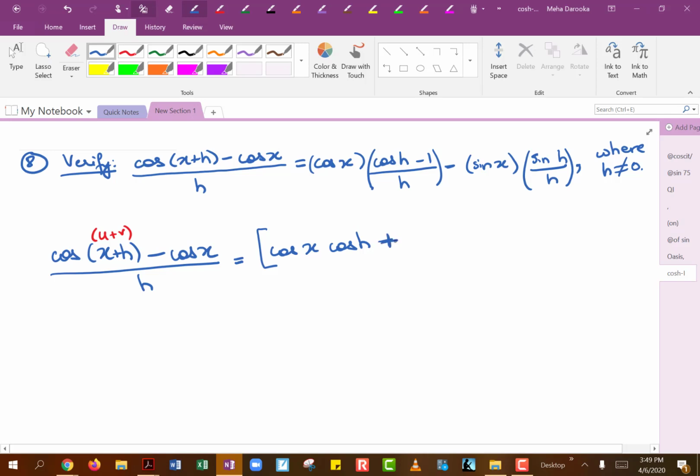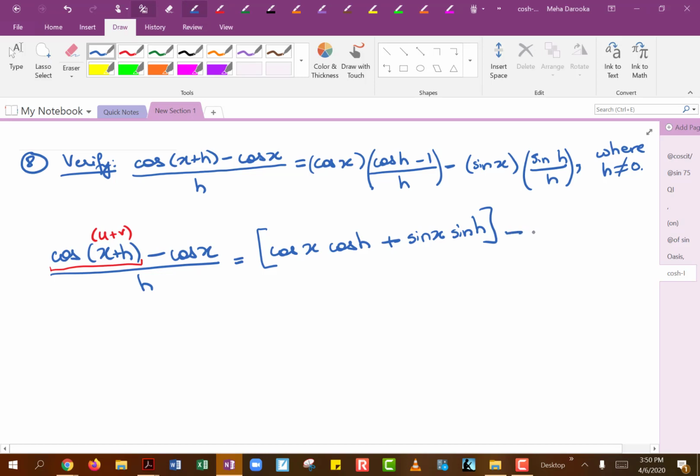If it's minus in the formula, this will become plus. And then here I will have sine of x multiplied with sine of h. So this is how you would go ahead and rewrite this little term.